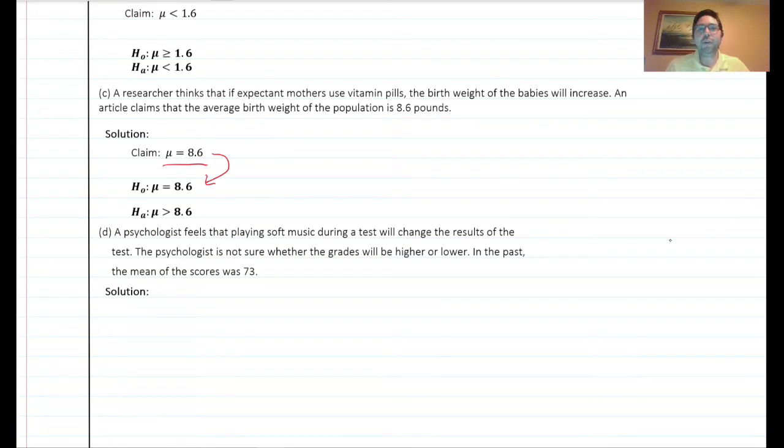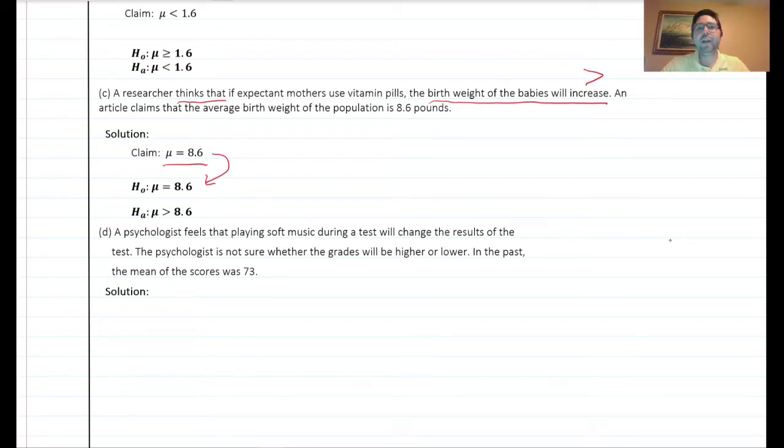Now, the alternative, it depends on what the researcher thinks, right? If they don't give you any information, use not equal to. If they do give you information, use that information. So it says a researcher thinks right here, that if expectant mothers use vitamin pills, the birth weight of the babies will increase. Increase means greater than, right? So that means it's going to be greater than. So that's my alternative hypothesis.